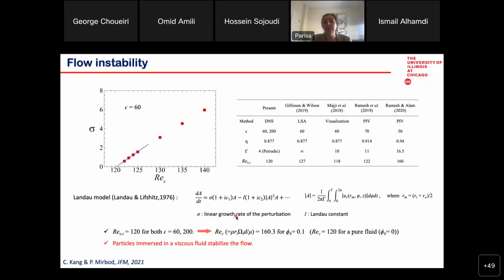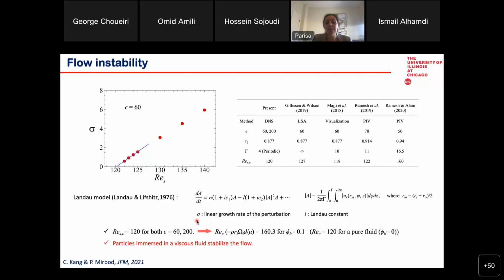We then increased the Reynolds number, and the goal was to characterize the nature of the instability. We used the Landau model, proposed by Landau and Lifshitz in 1976, and this is the formula.